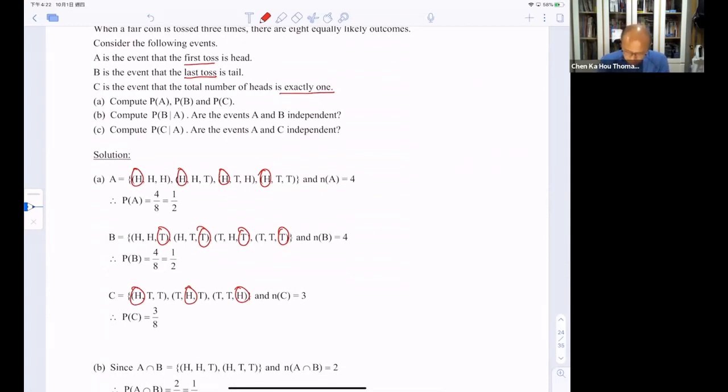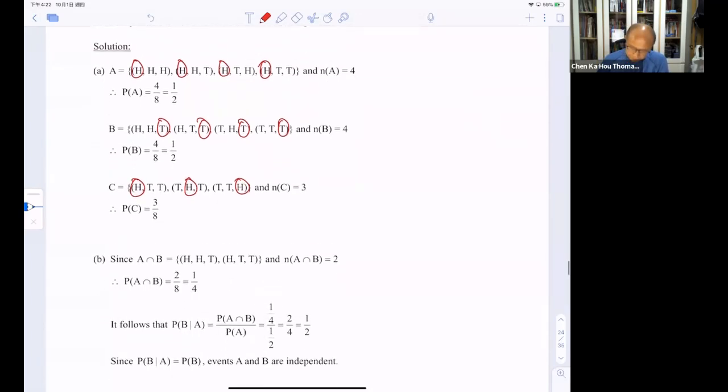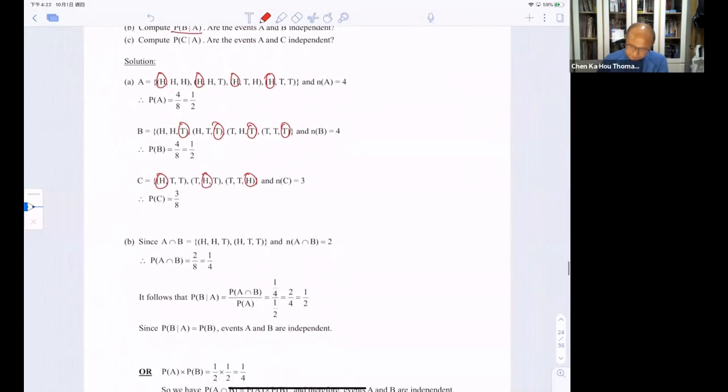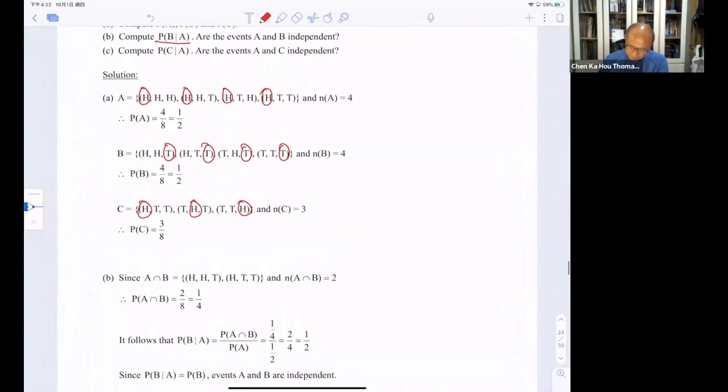Now please find P(B given A), and say whether the two events are independent or not. We use the formula: P(B given A) is P(A and B) over P(A). We found P(A) already, but what is A and B?